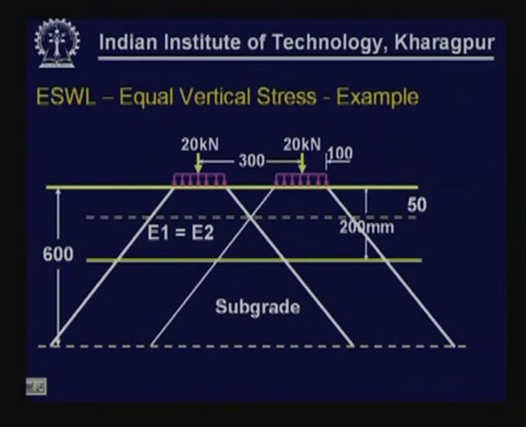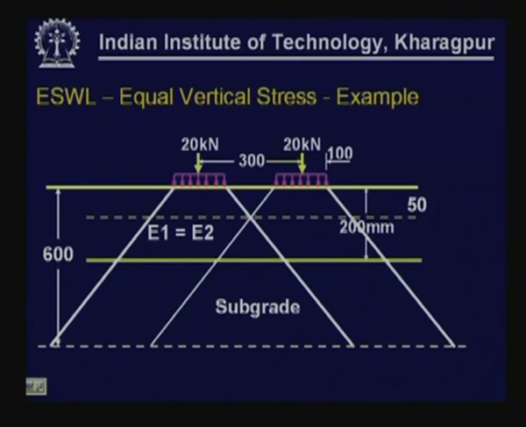At a depth of 600 millimeters, that is twice SD, that is 2 into 300, there is going to be complete overlap. So within this region, the equivalent single wheel load will have to be 2 into 20 kilonewton, that will be 40 kilonewton. But in between, at a depth of 200 millimeter, at which we are interested in, the equivalent single wheel load has to be somewhere between 20 kilonewton and 40 kilonewton.